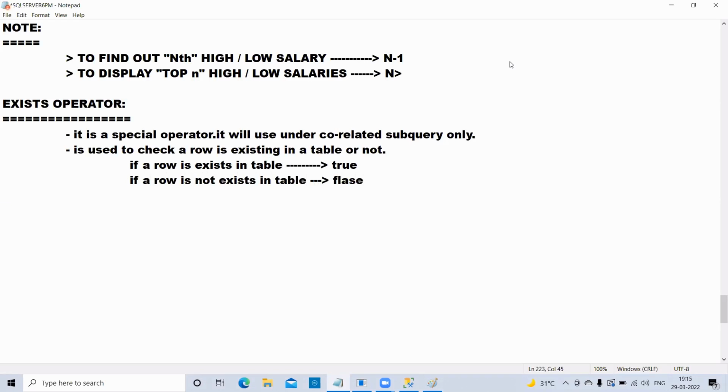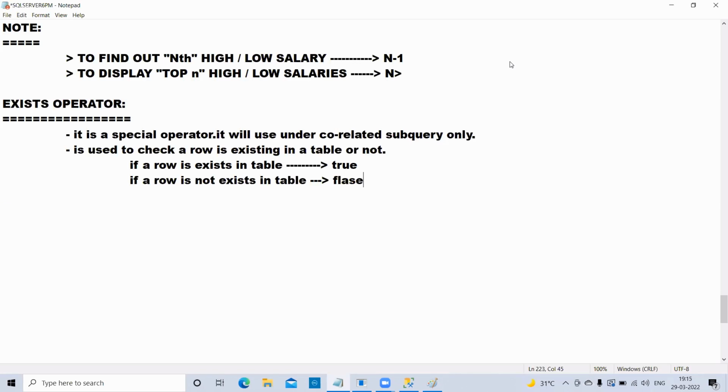So if the row exists in your table, it returns true. If the row does not exist, it returns false. Understand now? This is the purpose of the exist operator and how we use it.